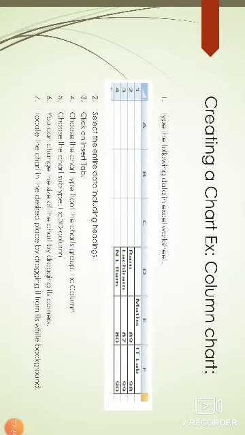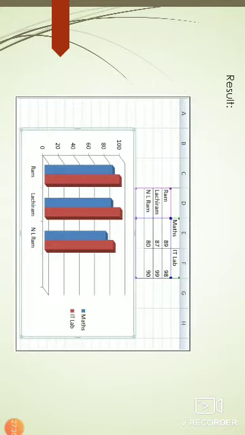You can change the size of the chart by dragging its corners. Locate the chart in the desired place by dragging it from its white background. So here is the result. It shows the chart and the data.